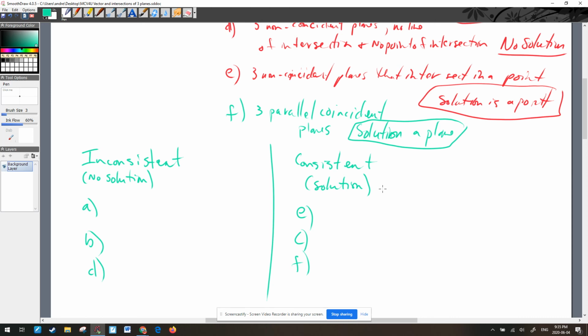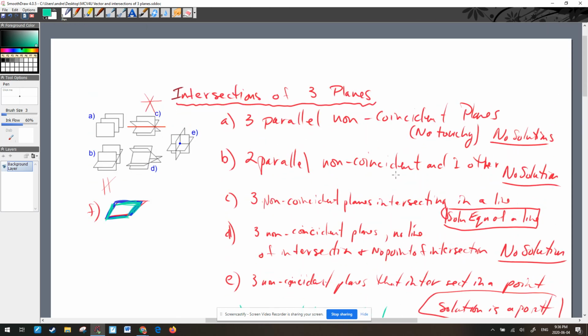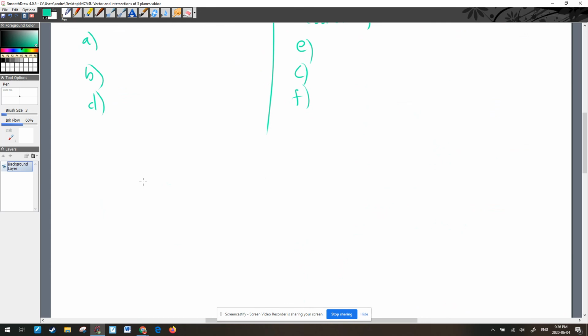Okay, so the equations of our planes are always going to be in Cartesian form. Case A, you should be able to tell me how you would spot case A before you even really did any work. What would case A look like? Okay, so I'm going to go down here and we're going to talk about the different cases.